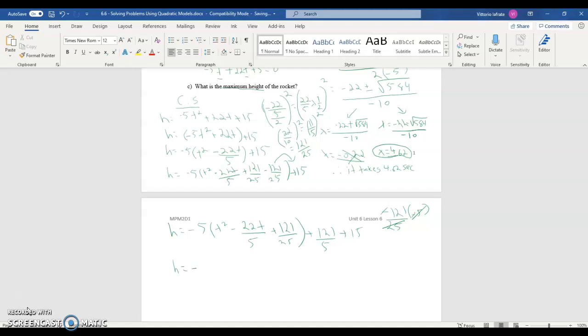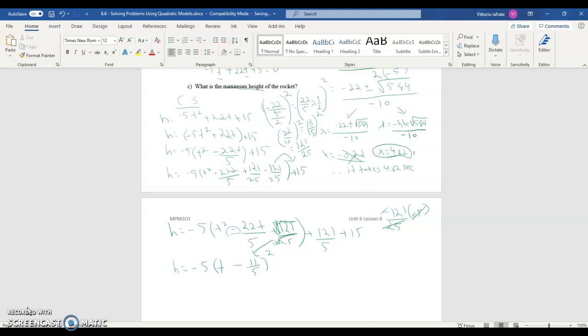Then I can just factor and simplify. So we have -5, and we know we have to do the factoring here. We can do the perfect square here. The sign here is negative, so that's going to be negative. And the square root of this is going to be 11 over 5, if you do the square root of 121 first, the square root of 25 first. This is not part of this equation. I'm just showing you what work I did to get to this.